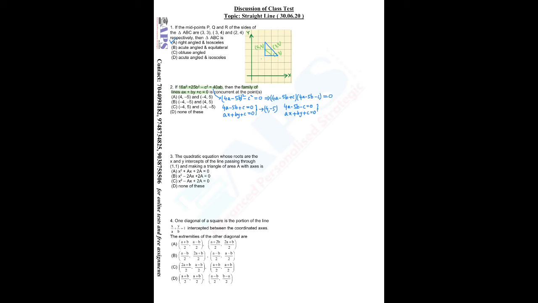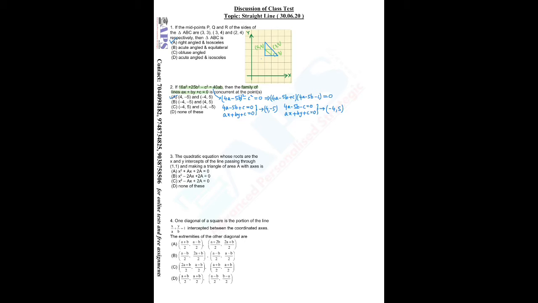If I compare them, we can get the point of concurrency. I have to make it minus c, so minus x and minus y. Minus x is 4, so x is minus 4 and y is 5. So the points are 4 comma minus 5 or minus 4 comma 5. That is coming in option A. So option A is correct here.